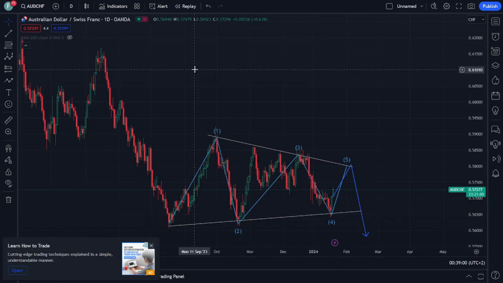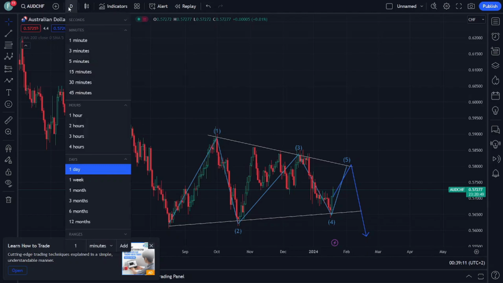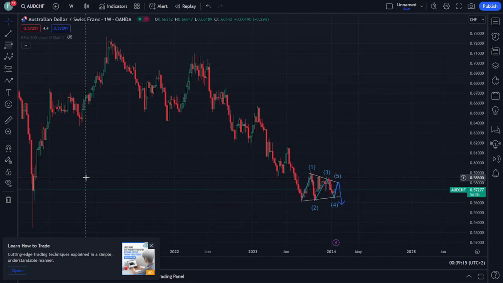If I'm analyzing on a daily, I'm going to check what happens on the weekly. If I'm analyzing on a 1 hour time frame, I'm going to check what happens on H4. So I'm going to look at what happens on the weekly to find a bit of confirmation. Right, okay, we have a downtrend on the weekly, which is good. We are not against the trend, and on our 5th touch we're going to sell, which is good.